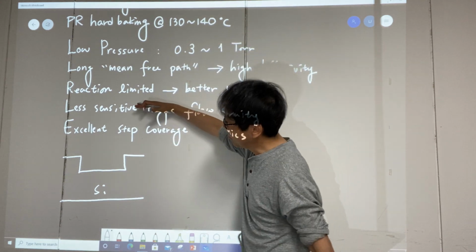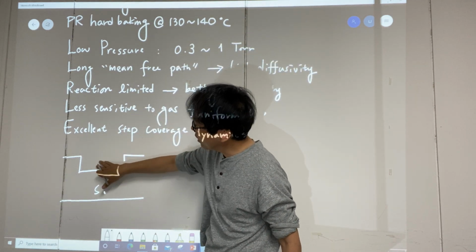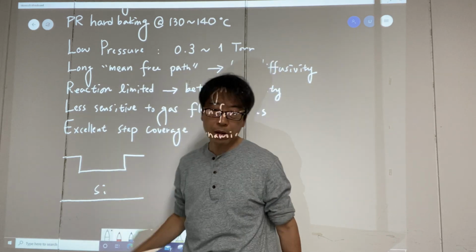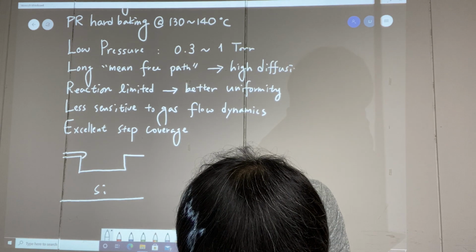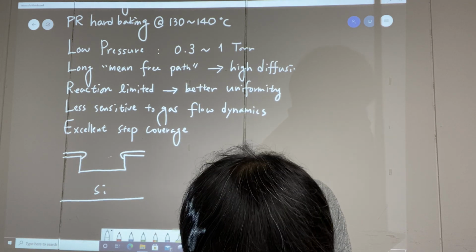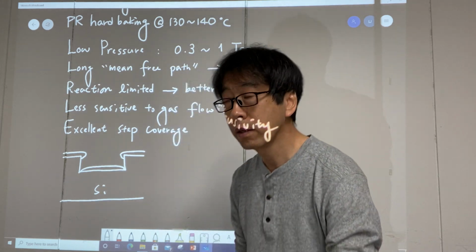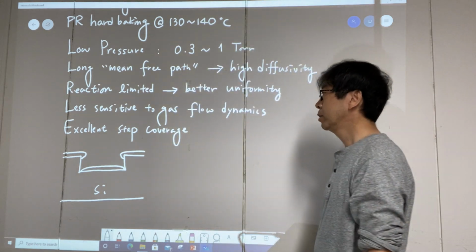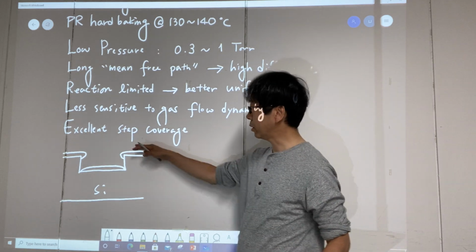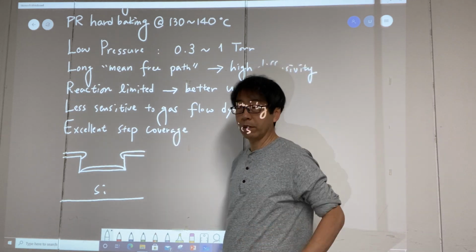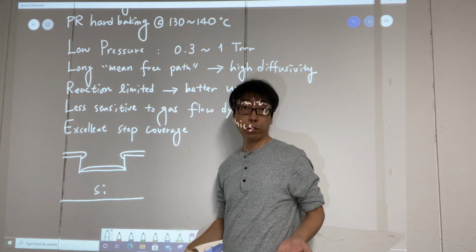If something is deposited from the top and not diffused very well into this little gap, what's happening is your coverage will look something like this. So this deposition is much more like snow on top of the roof. So on the side wall, there will be no snow.